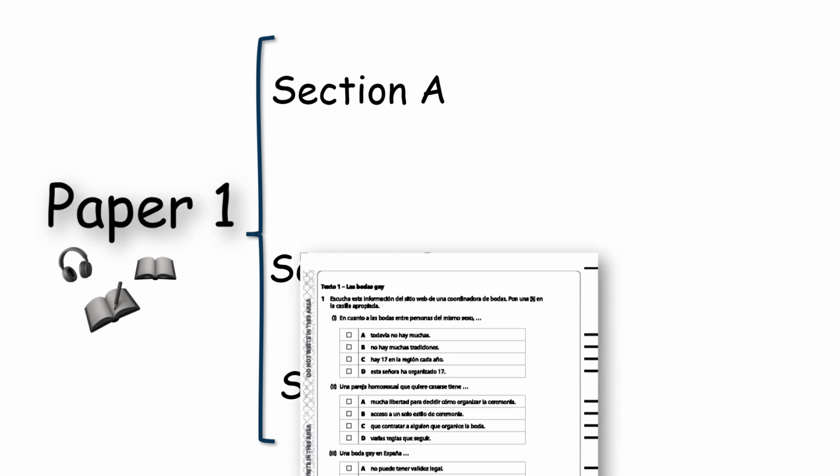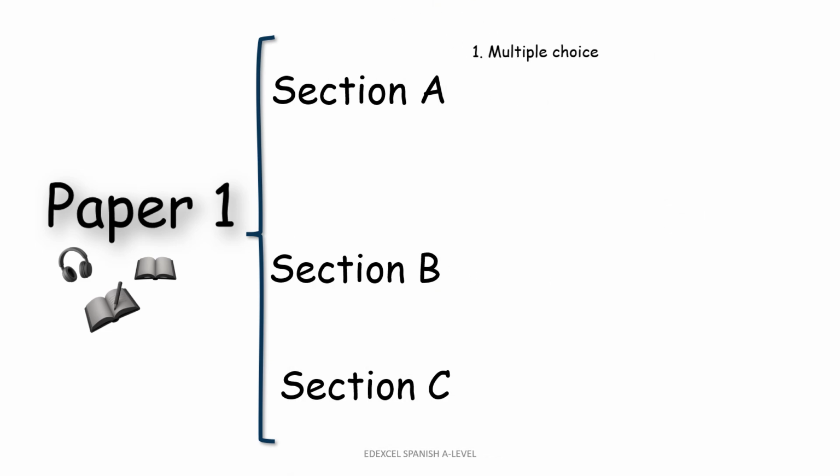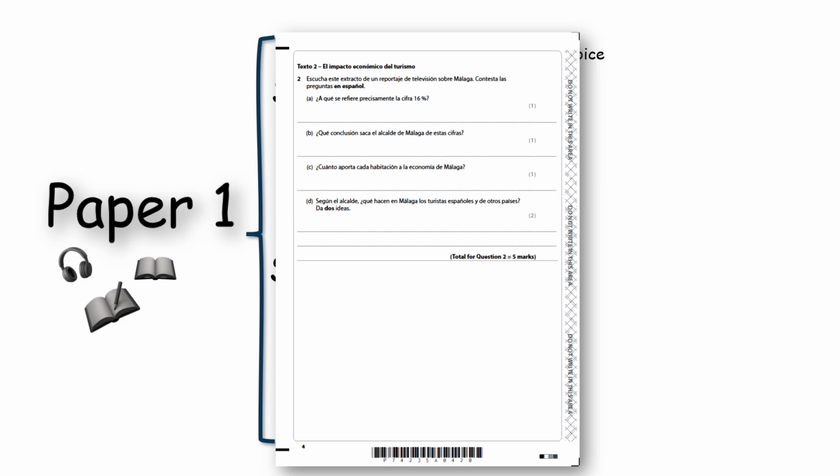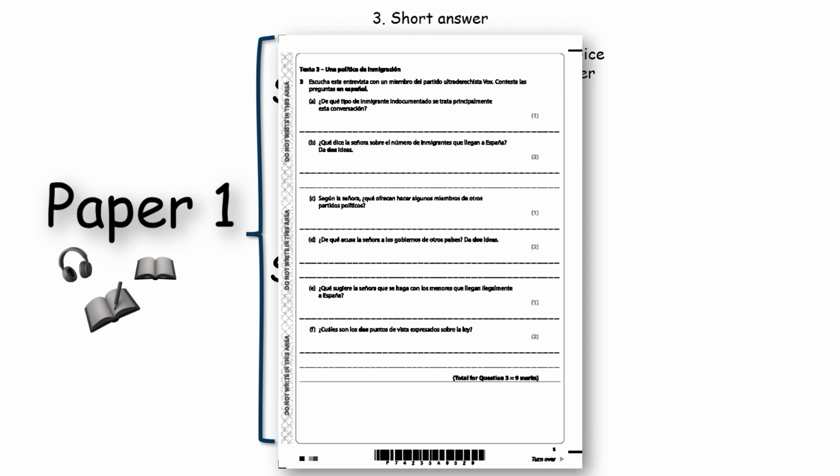In this section, you'll first encounter a multiple choice task. For question 2, 3, and 4A, you'll need to provide short written responses. Here's question 2. Now let's look at question 3.